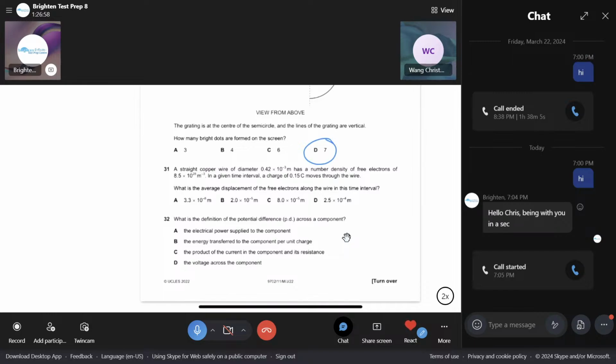How do we link that? 0.15 equals cross-sectional area times number density times the electrons' displacement, and the cross-sectional area is 0.42 times 10 to the power negative 3 divided by 2, squared and times pi.